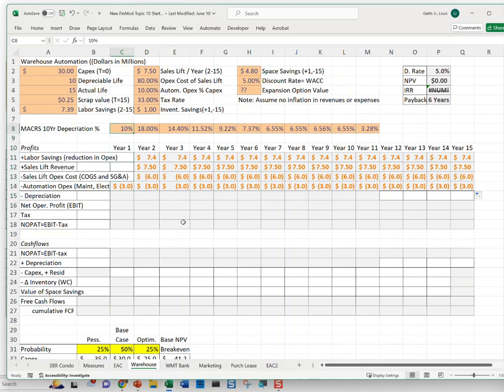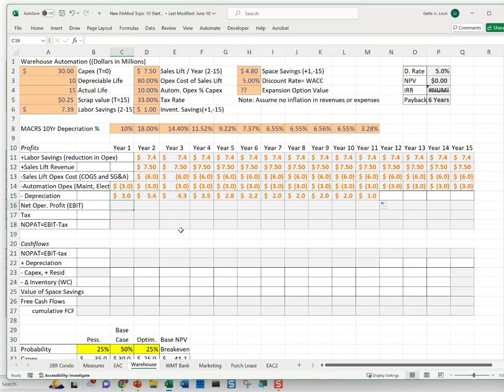Depreciation. I've already typed in the 10-year depreciation schedule, which is actually over 11 years. So instead of just taking 30 million divided by 10, I'm going to take 30 million, anchor it, times the depreciation schedule for that year, do not anchor it, and then copy that out to the 11th year.